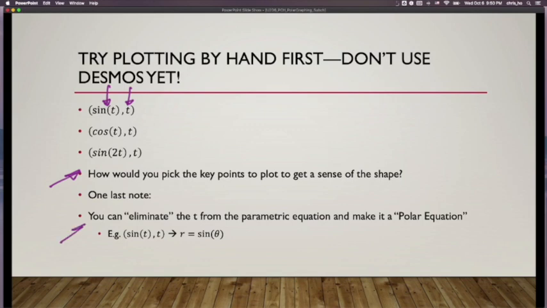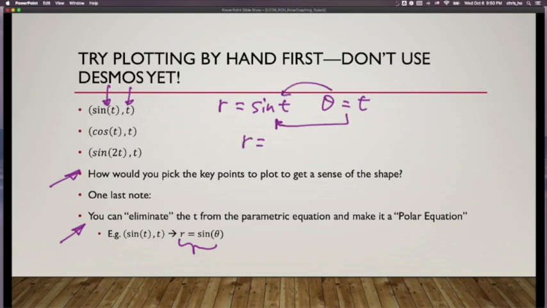Last thing before we go on, and that is you can eliminate the t such that you actually end up with a polar equation where r is a function of theta. So for example, if you have r is equal to sine of t and theta is equal to t, you can readily convert this into a polar equation because theta is equal to t, so I can just substitute theta into here.